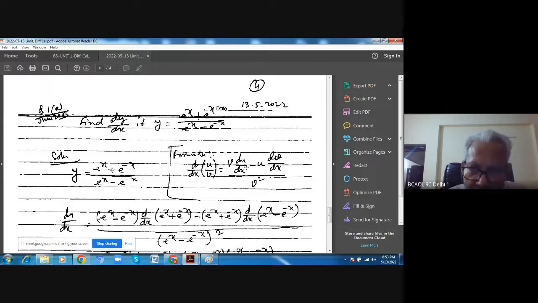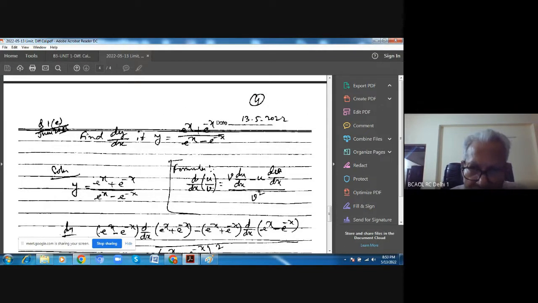Now in the second part, u remains the same and we take the derivative of v, so dv by dx.